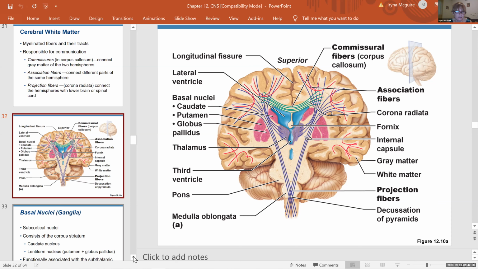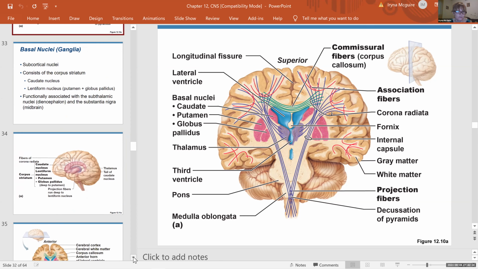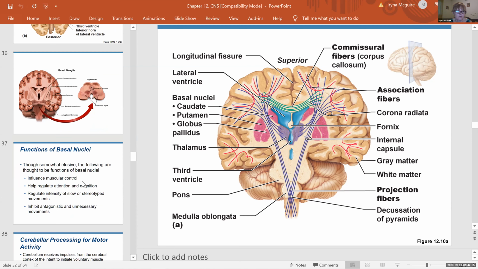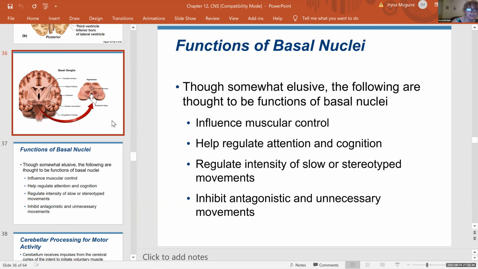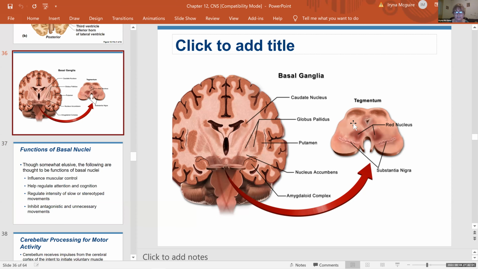And we believe they're responsible for all these functions: muscular control, attention and cognition, intensity or slowing of stereotyped movement, and inhibiting antagonistic and unnecessary movement. Basal ganglia are also associated with the substantia nigra in the midbrain and the red nucleus.